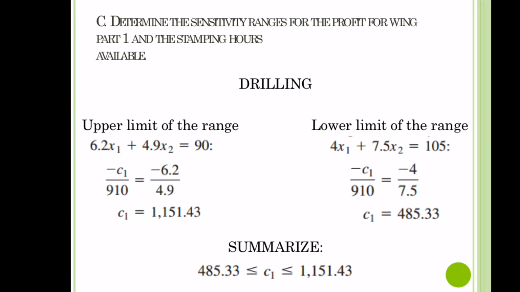Negative C1 divided by 910 equals negative 6.2 divided by 4.9.